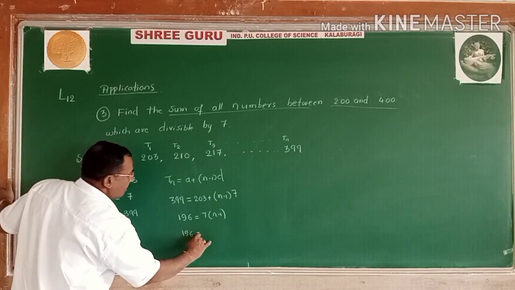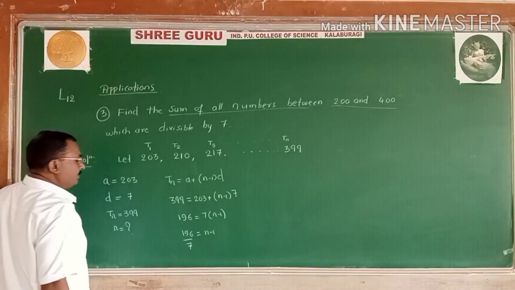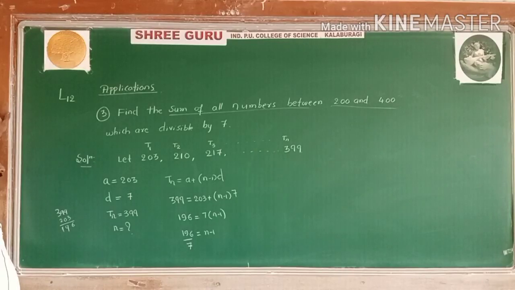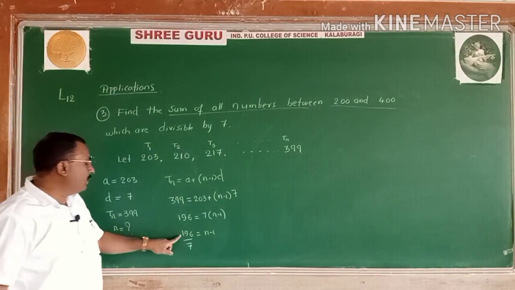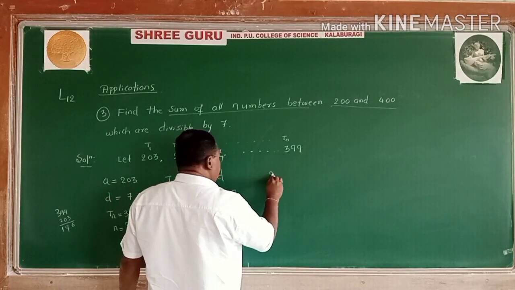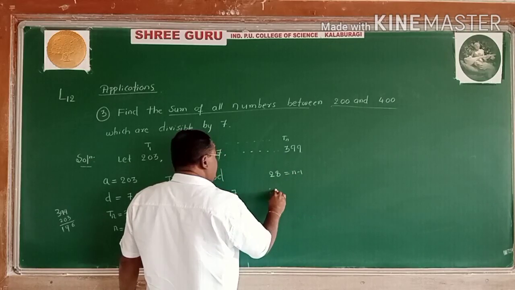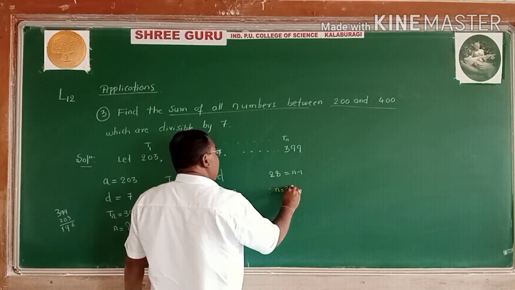Divide by 7: 196 by 7 is 28. 28 is equal to n minus 1. Therefore, n is equal to 29.